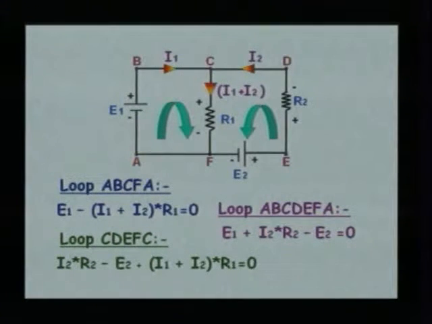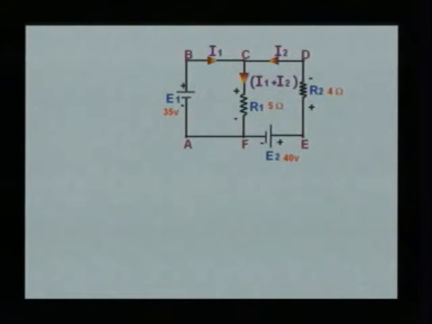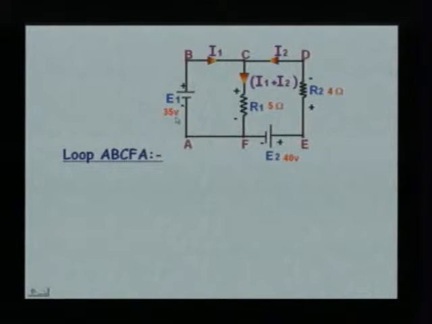Now, let us solve one problem based upon the same equations and the circuit. If E1 is 35 volts, E2 is 40 volts, R1 is 5 ohms, R2 is 4 ohms, then we are supposed to find out the currents I1 and I2.